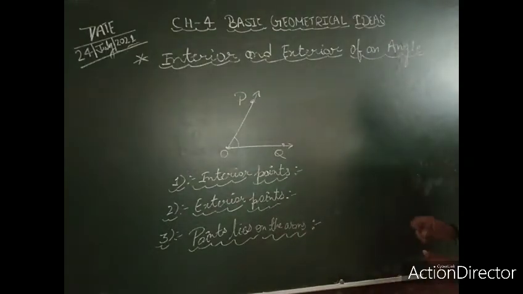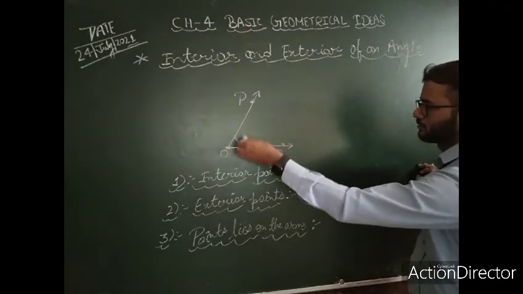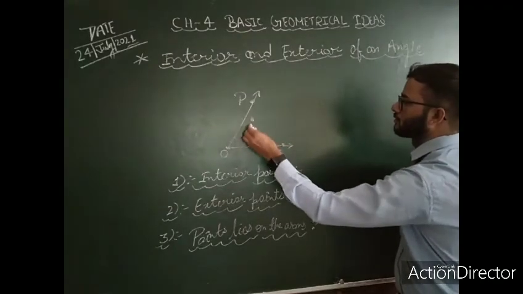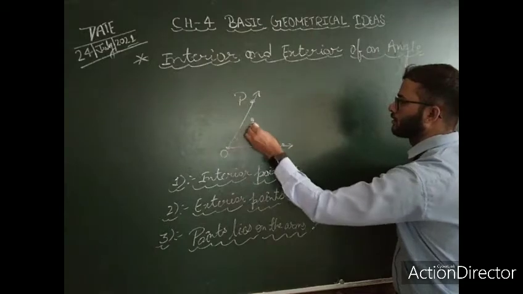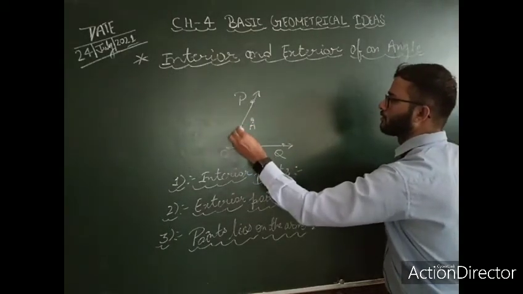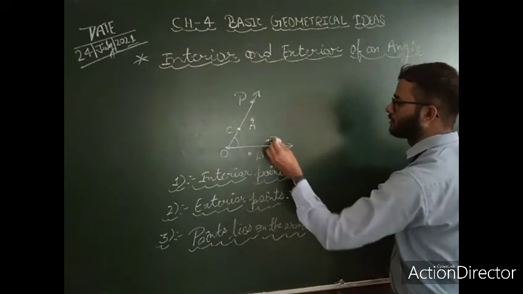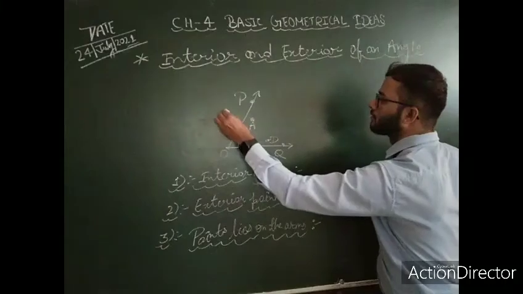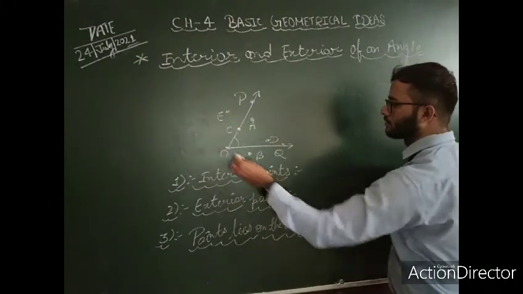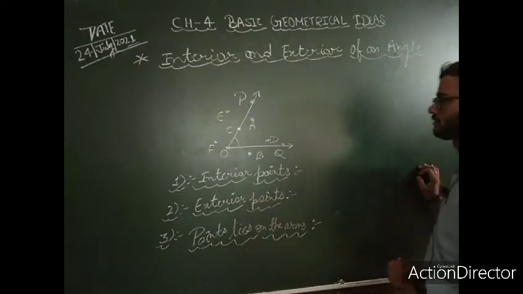Okay, so now here we take some points on it, right? Like A, here B, here C, here D, E, F, right?